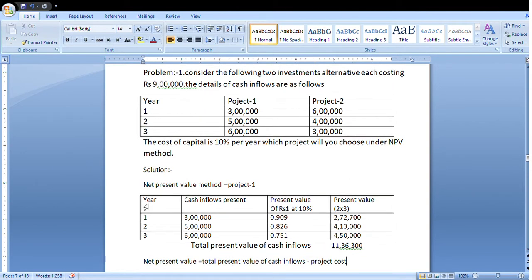Net present value method, project 1. This is the table: year, cash inflows, present value of 1 rupee at 10%, present value. This is the second column and third column. You multiply this amount.